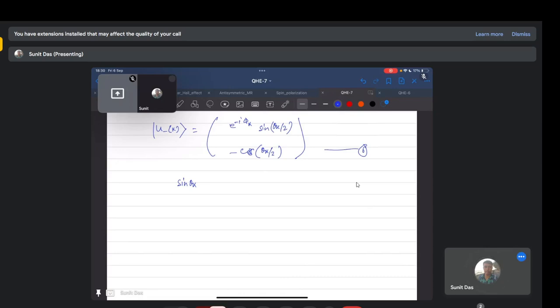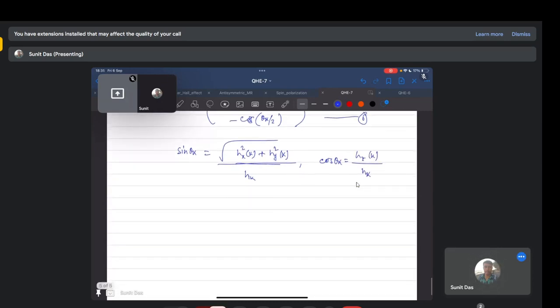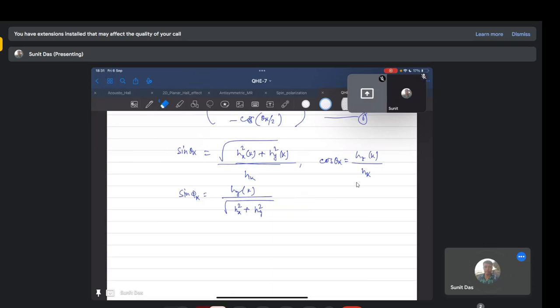Sine theta k is given by the root of hx of k square plus hy of k square divided by hk, and cos theta k is simply hz of k by hk. Sine phi k can be defined as hy of k by the root of hx square plus hy square, and cos of phi k is given by hx of k over the root of hx of k square plus hy of k square.